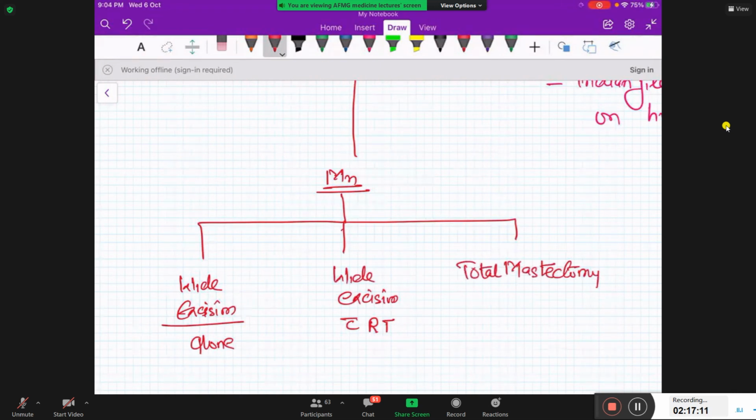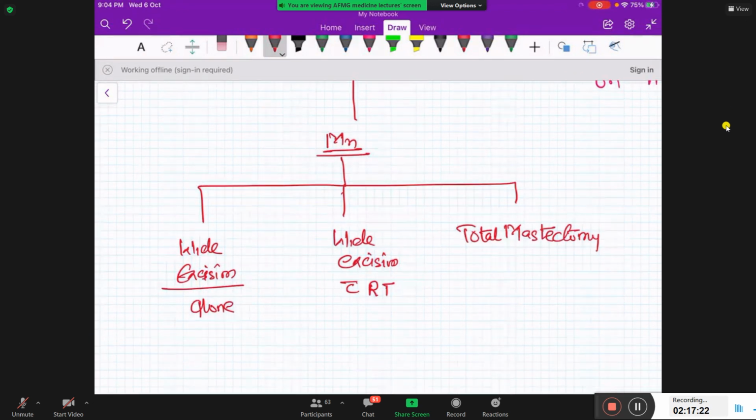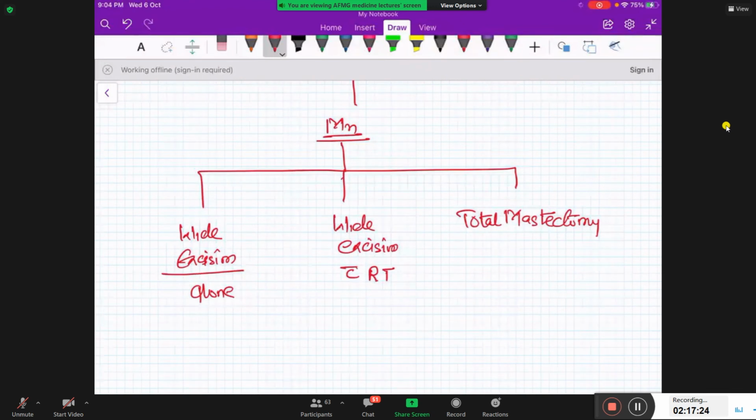These are the three treatment options we have for a DCIS.